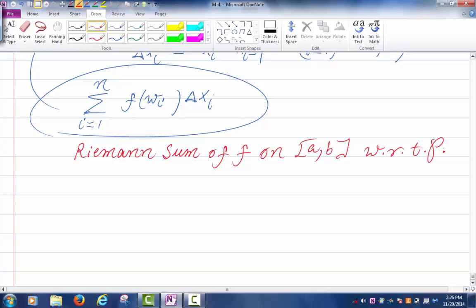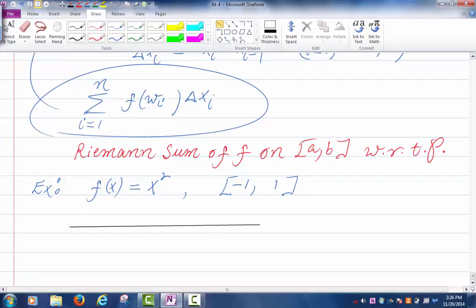Let me very quickly do an example. Let's say I have the function f of x equals x squared, and the interval from -1 up to 1.